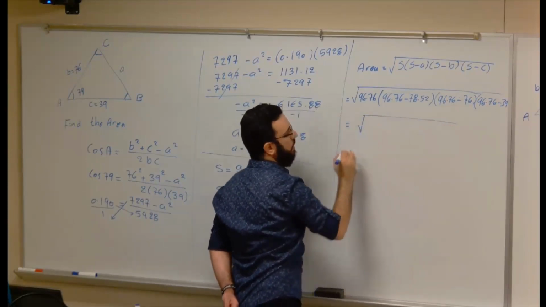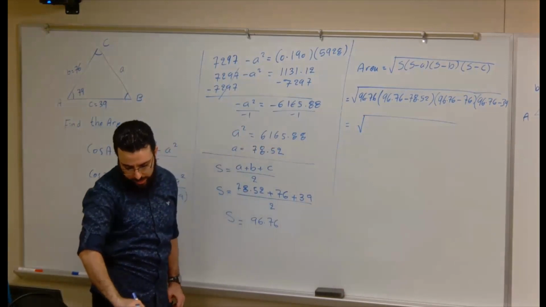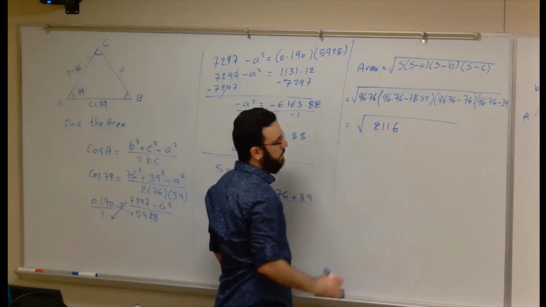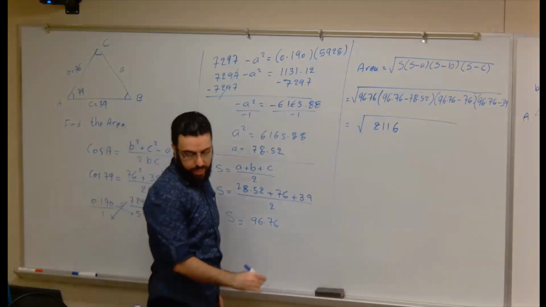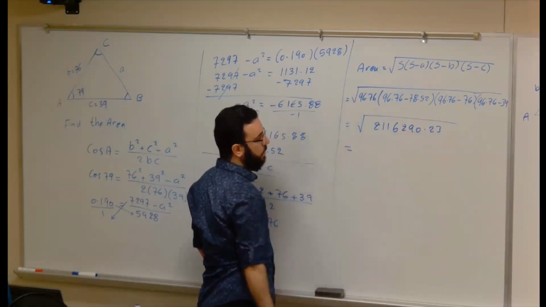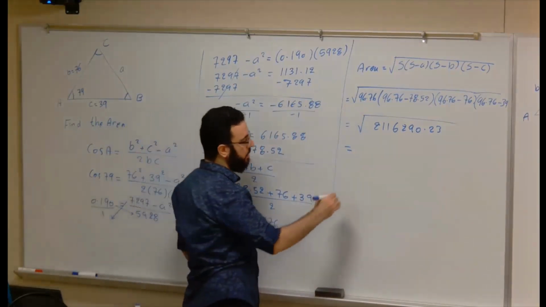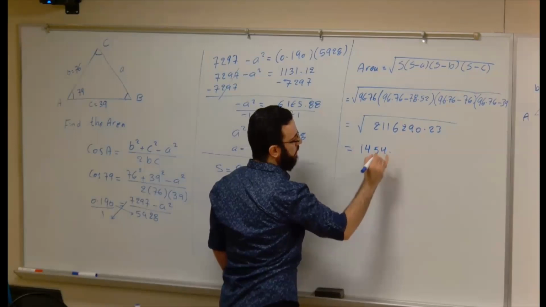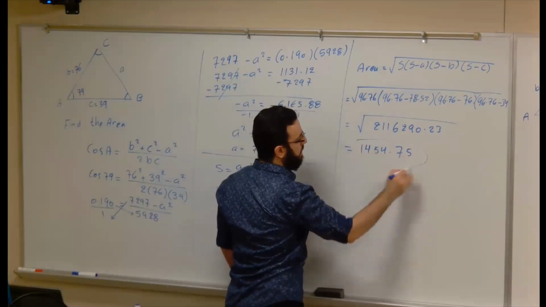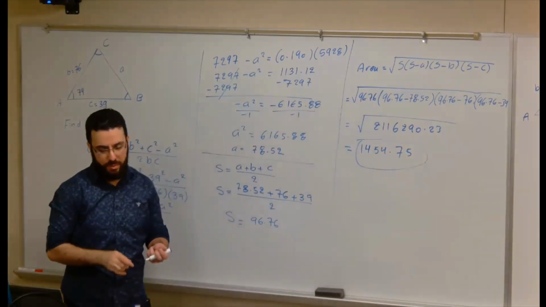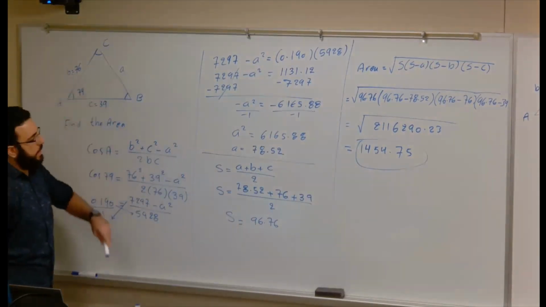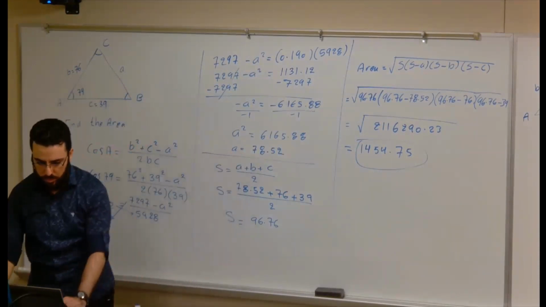Multiply. You're gonna get a really big number, 2116290.23. Take the square root of this number, it is going to be 1,454.75. Makes more sense, because check the sides: 76, 39, and the A is 78. So this is the area for this triangle.